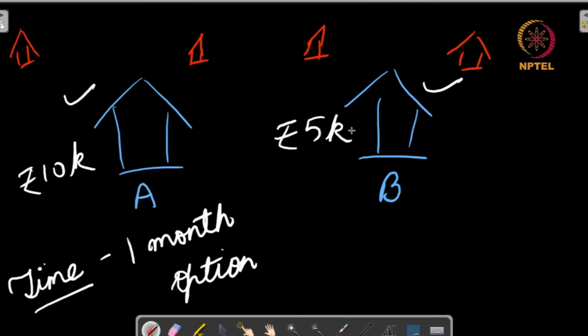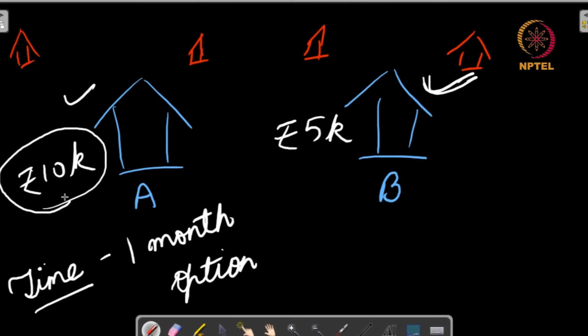Now suppose at the end of your month, you decided that you will buy house B. In that case, this 10,000 rupees that you gave to the owner of house A becomes an investment that you did not use.